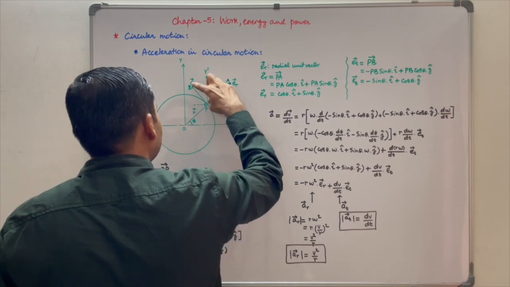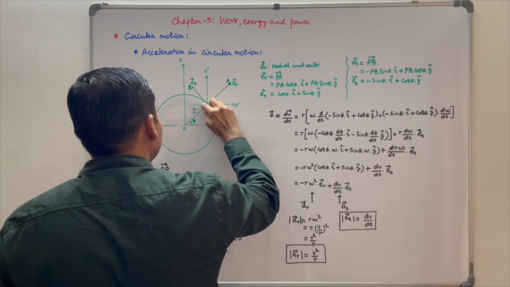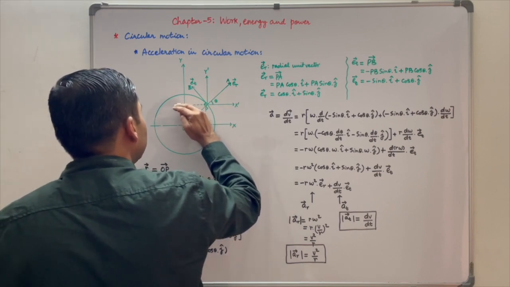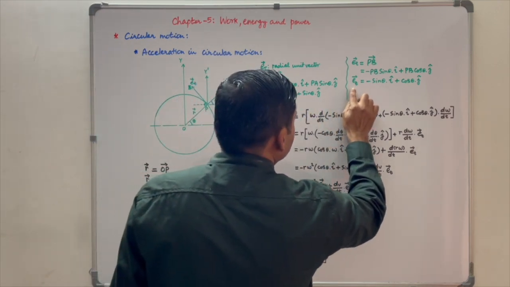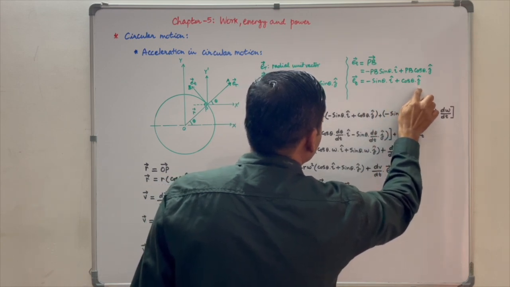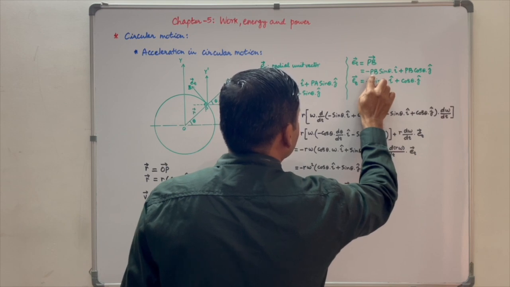So we can write vector PB as PB cos 90 minus theta into minus i plus PB sin 90 minus theta into j. So vector et is equal to minus sin theta i plus cos theta j. Magnitude of PB is 1 as it is a unit vector.